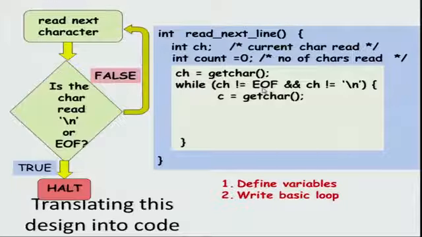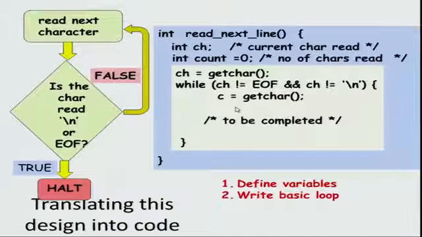So, because of this -1, you cannot keep the return value of getchar as a character. It technically has to be an integer. Now, this is a technicality. So, keep that in mind.